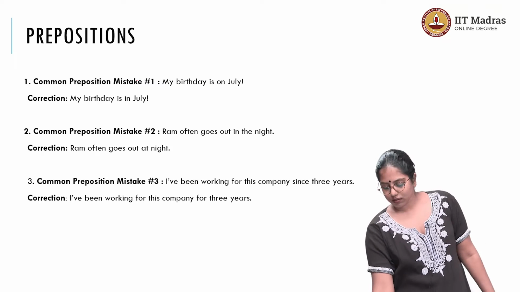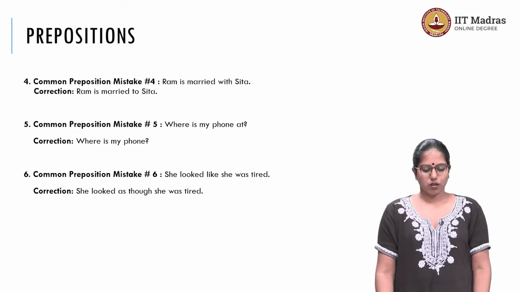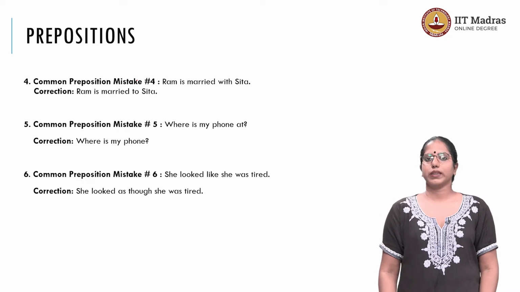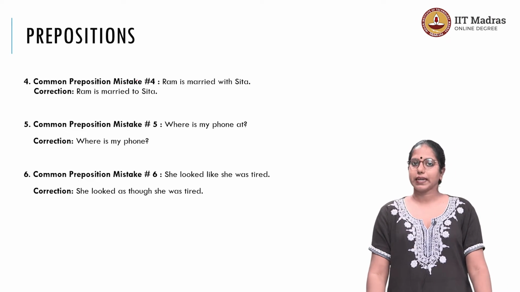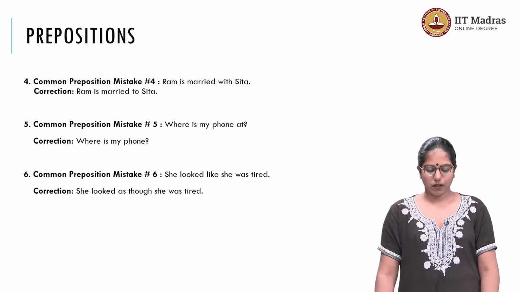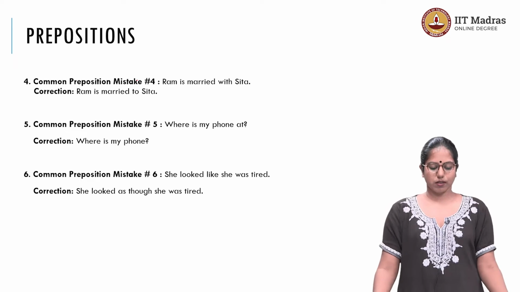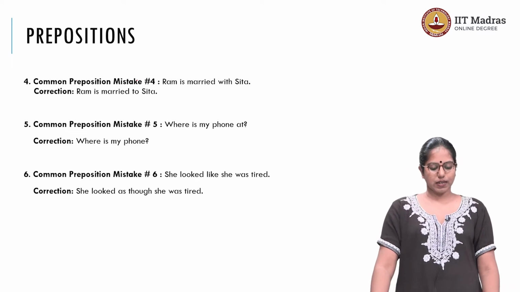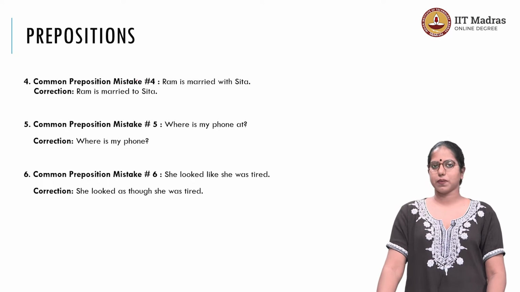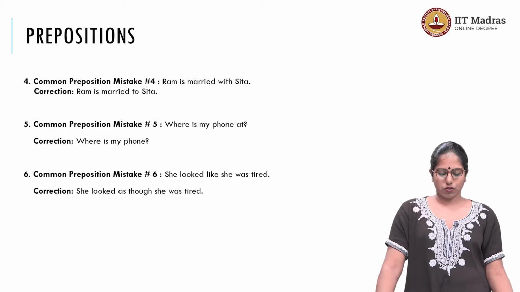The next sentence is, Ram is married with Sita. What's the right sentence? Ram is married to Sita. So, if people have plans to get married, the preposition to will be used. For example, my friend Lena is getting married to Anil next month. However, you just marry someone.